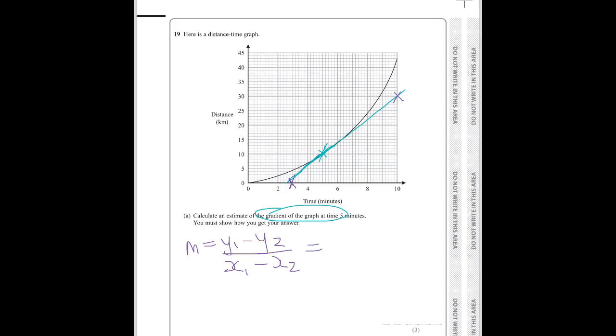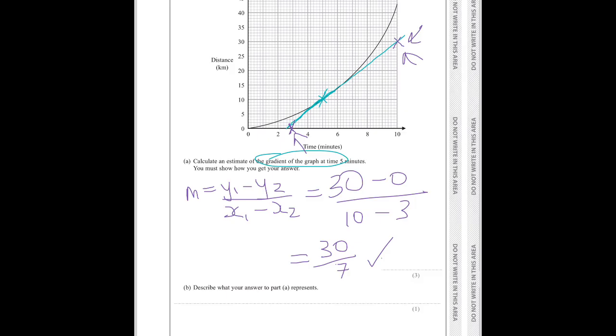That y coordinate's 30, take away that y coordinate, which is 0, divided by that x coordinate, which is 10, take away 3. So as a fraction, 30 take away 0 is 30, over 10 take away 3, which is 7. That's my gradient. Cool.